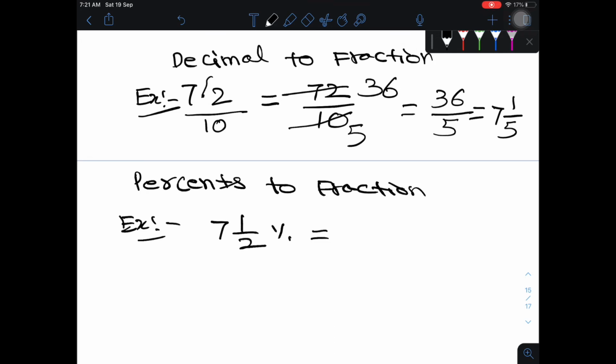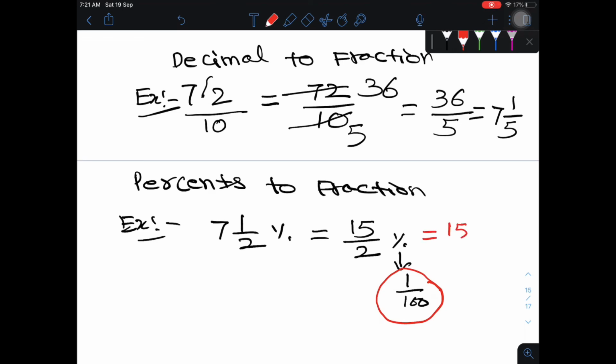Just change it to an improper fraction. 7 2s are 14 and 1, 15 by 2 percent, and write this percent as 1 by 100. Okay, always remember that whenever you are going to convert a percent to a fraction, write percent as 1 by 100. So what will you get now? 15 by 2 into 1 by 100.